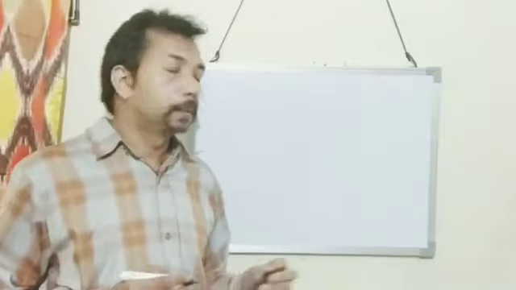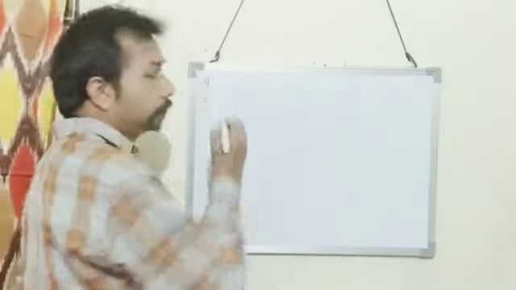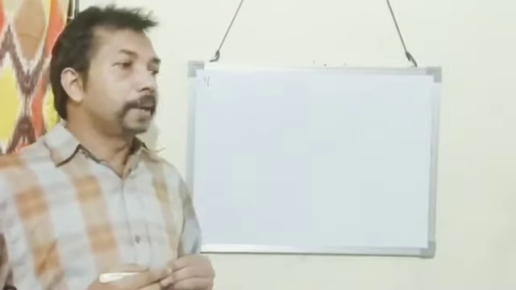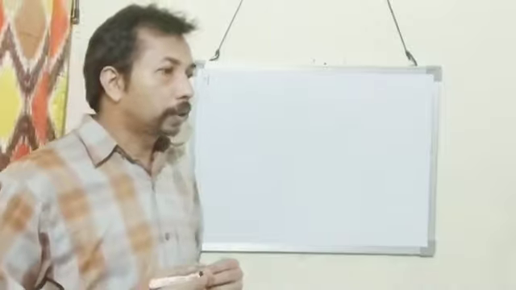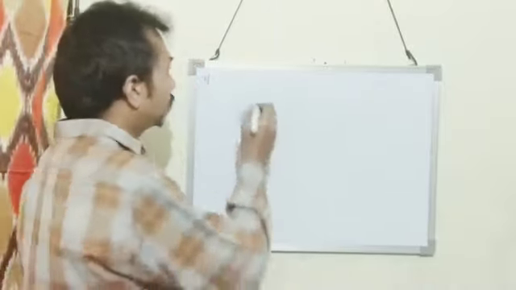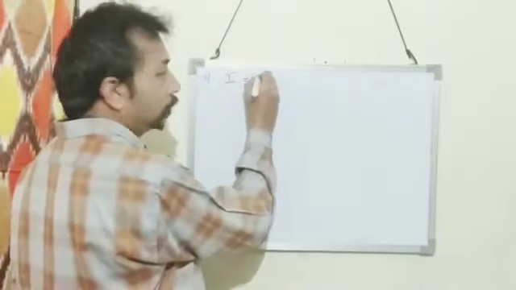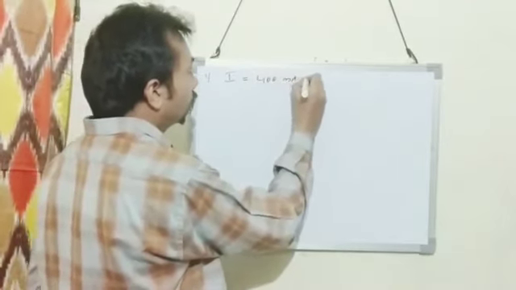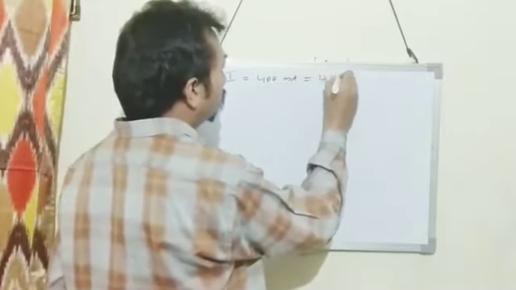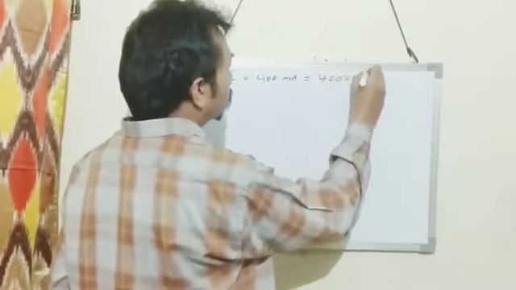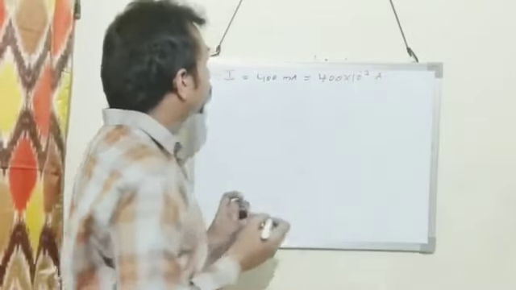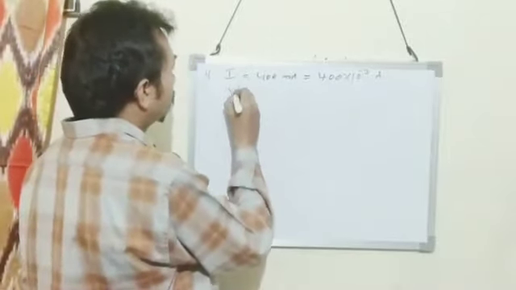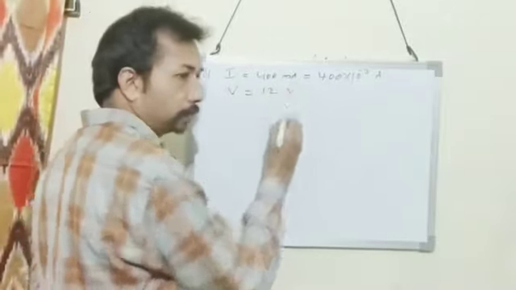Now doing question number 4. The music system draws a current of 400 milliampere when connected to a 12 volt battery. The current is equal to 400 milliampere, which is equal to 400 into 10 to the power minus 3 ampere. Then voltage is given as 12 volt.